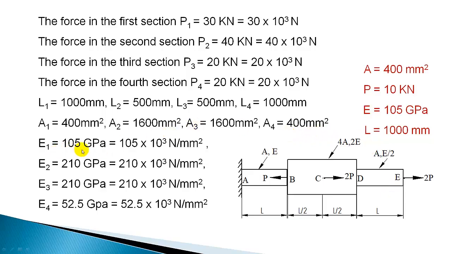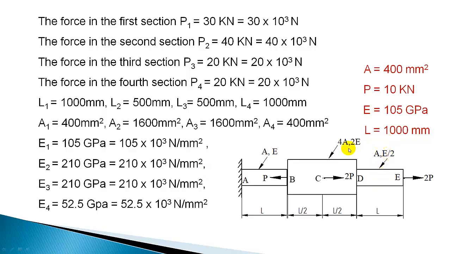Similarly, you can find out E1. E1 is E, which is 105 gigapascal. We have to convert it by multiplying by 10 raised to 3, which will give Newton per mm square. Now E2 is twice the Young's modulus E. E is 105, so 2 times that is 210 gigapascal, that is 210 into 10 raised to 3 Newton per mm square.